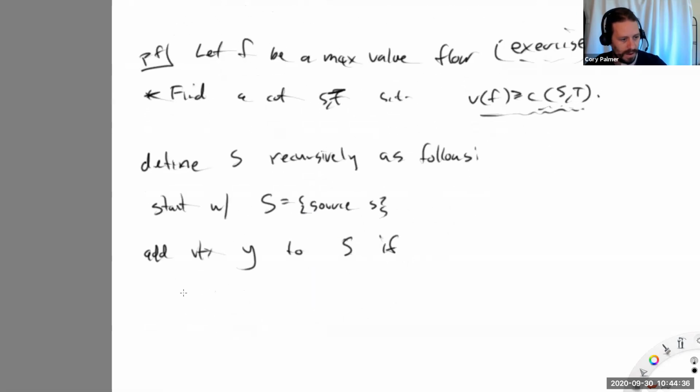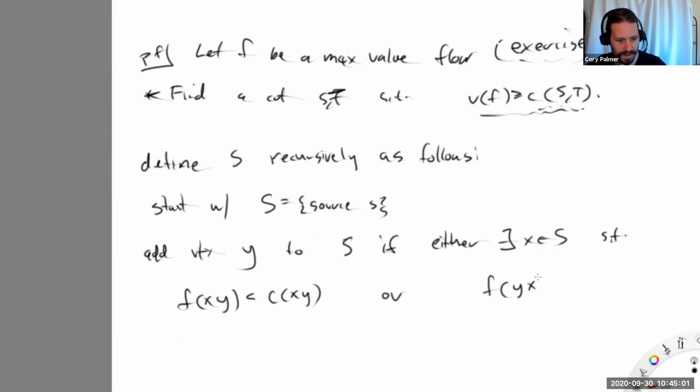If either there exists an X in S, which could be little s itself, such that the flow on XY is strictly less than the capacity on XY, I'll illustrate this in a moment, or the flow from Y into X, so back into S, is greater than 0.